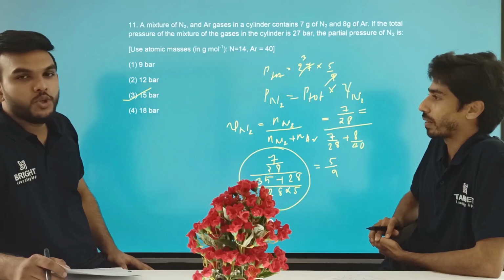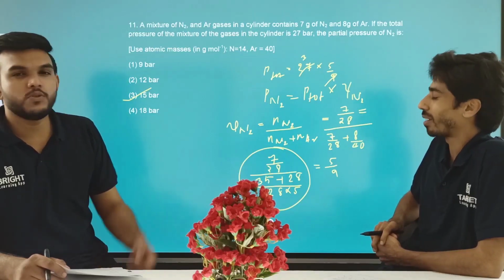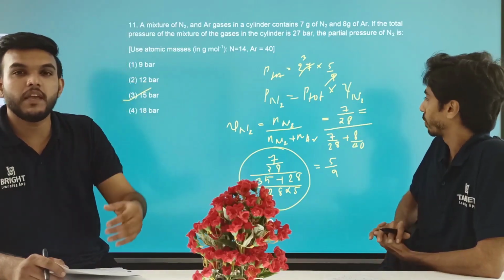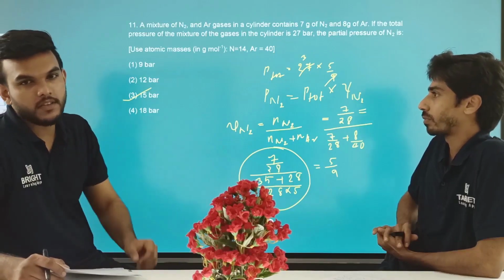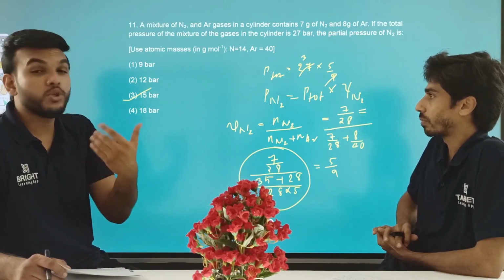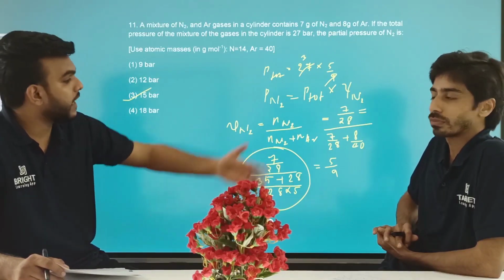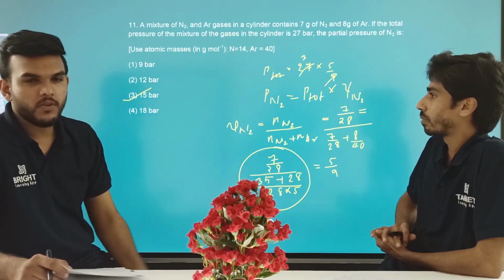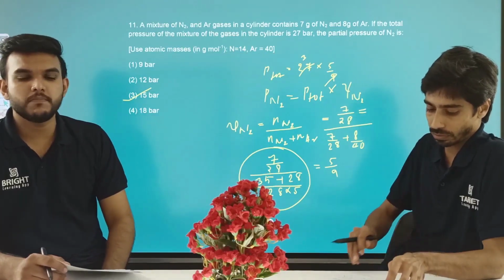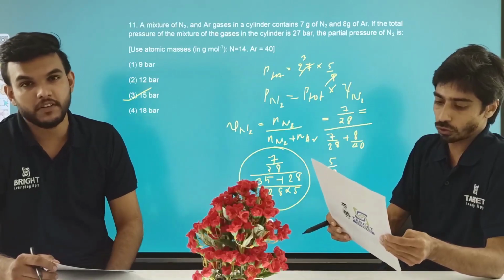They should not go for decimal points like 7 by 28. Try to cancel everything, and finally you will get the correct answer. Always work with fractions. This is also a direct question based on our chapter, the states of matter.